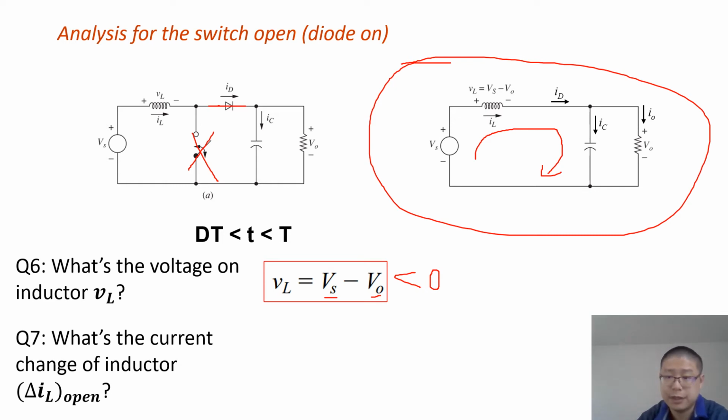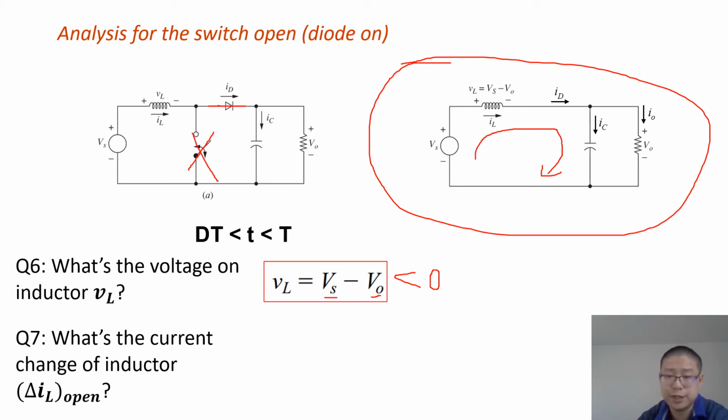So let's think about it. A negative voltage is applied on the inductor, so the inductor current should increase or decrease? Yes, it should decrease. What is the decreasing rate?